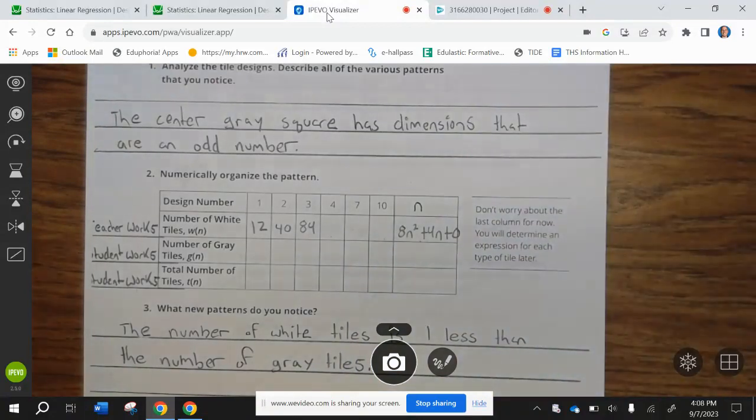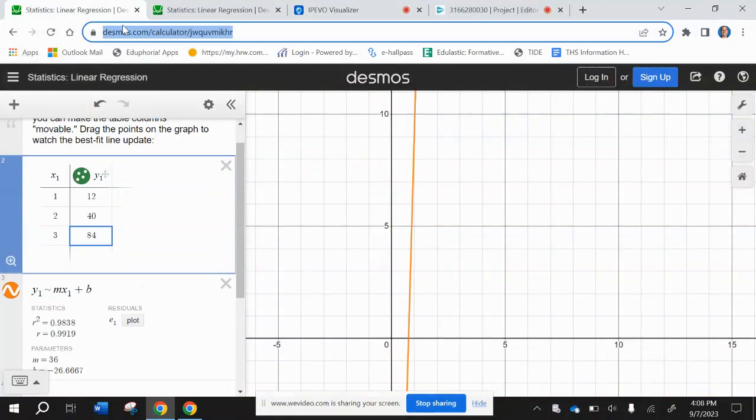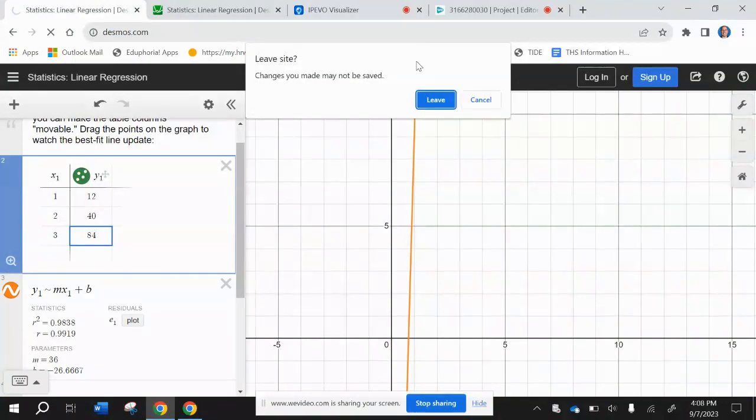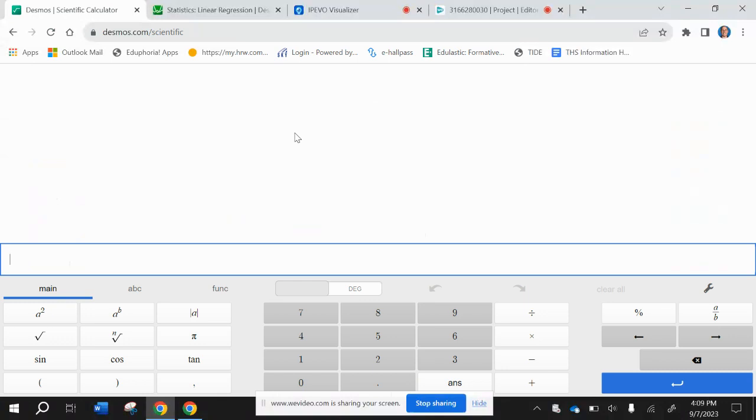Okay, so here our regression is good, but now let's go to Desmos scientific calculator, and we're going to do 8 times 4 squared plus 4 times 4 plus 0. Okay, and so we have 144.